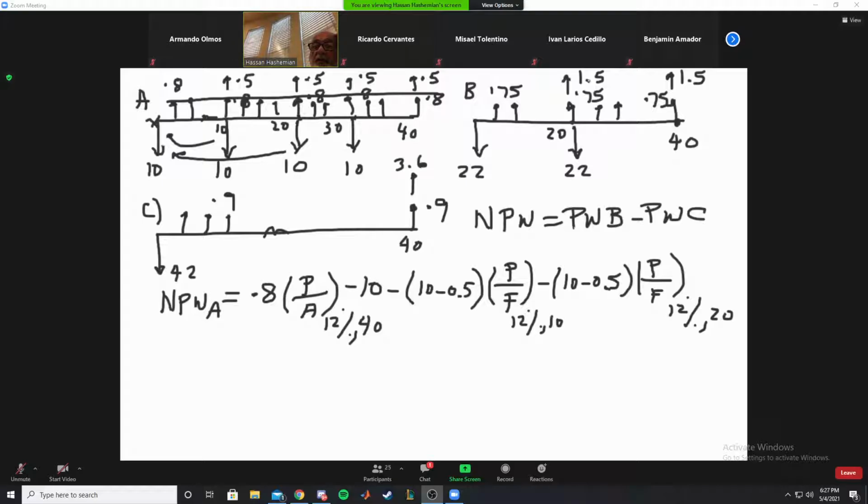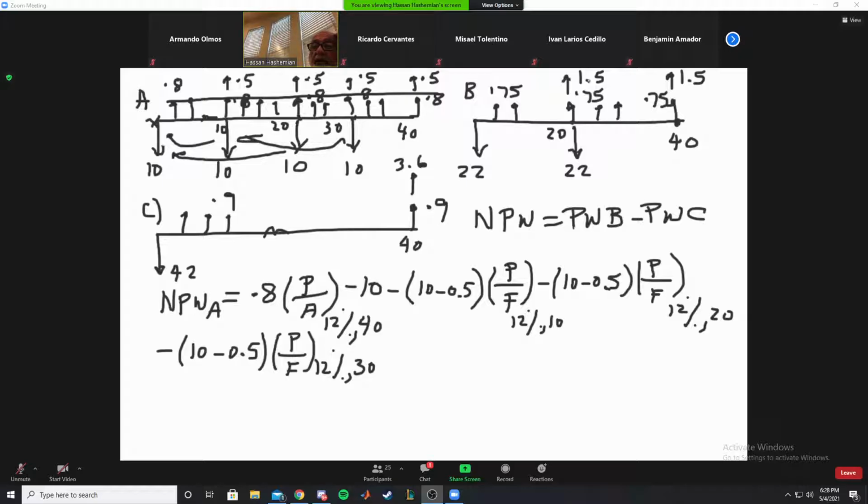Now the third one will be minus, again, 10 minus 0.5, times P over F again at 12% and 30 years. So we brought the third one back.